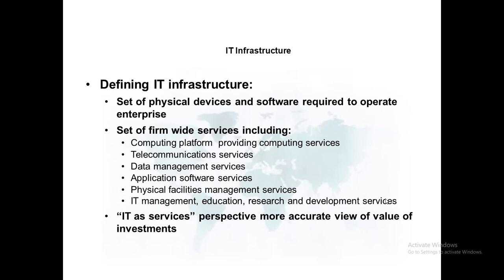These computing platforms can consist of all kinds of computers, like the mid-range computers, the mainframe computers, desktops, laptops, mobile handheld devices, and the remote cloud computing services. All those are part of the computing platforms.